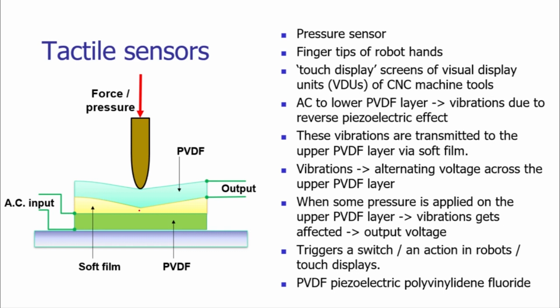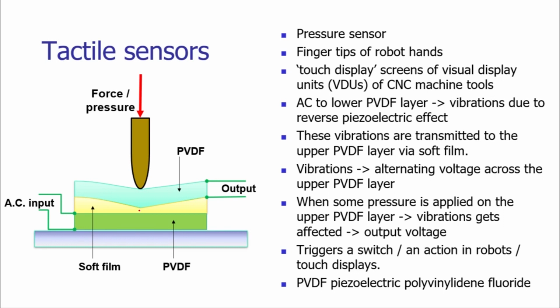A typical construction of the tactile sensor is shown on your screen. It has basically two layers of piezoelectric material, and that piezoelectric material is PVDF. The PVDF material is polyvinylidene fluoride.